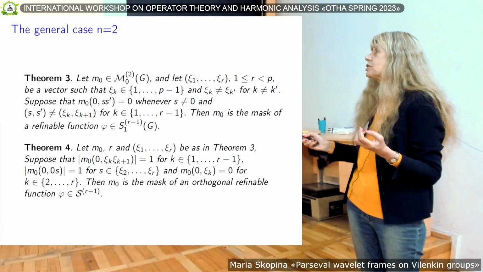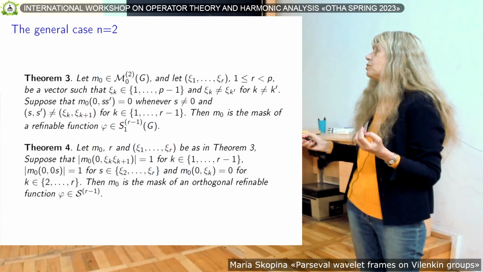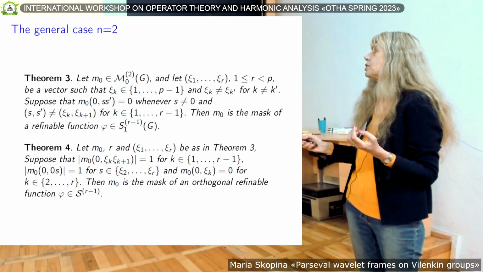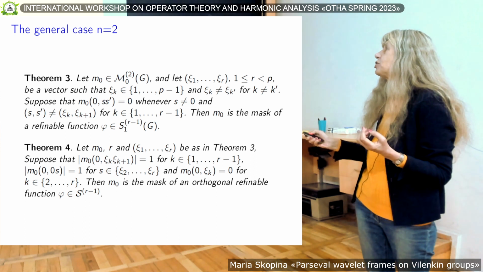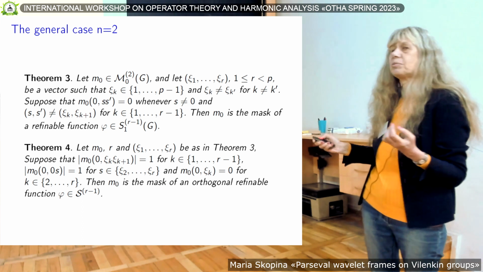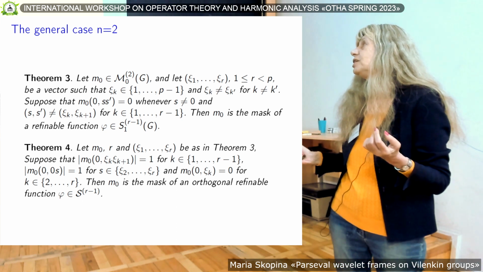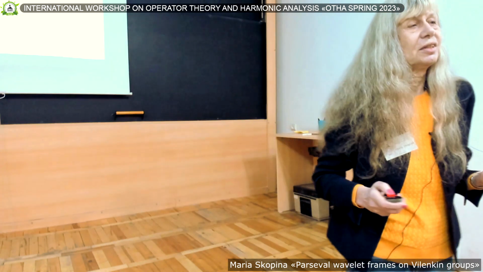Under the same assumptions, if we additionally suppose that the modulus of this value is 1, and the moduli of these values are 1 for such S, and M0 of 0, Xi chi is 0, then M0 is the mask of an orthogonal refinable function of the same class, and the corresponding wavelet system is an orthonormal wavelet basis. Thank you.